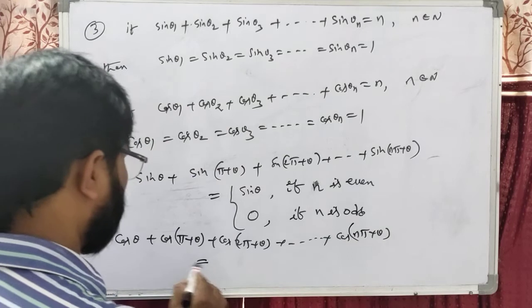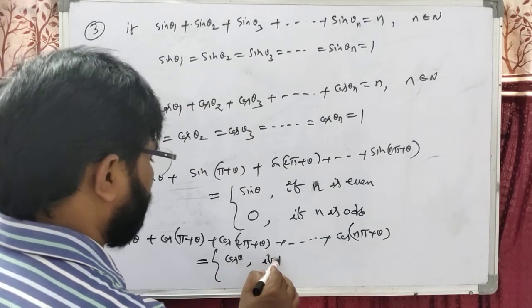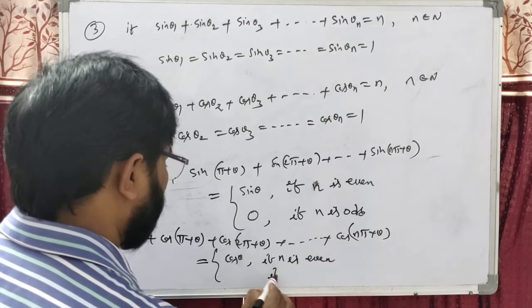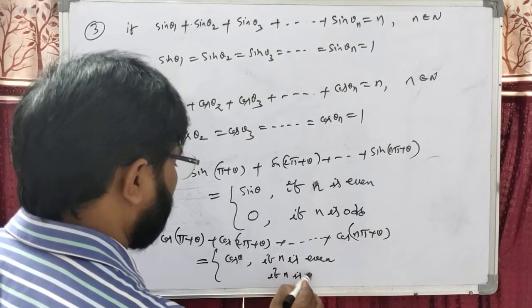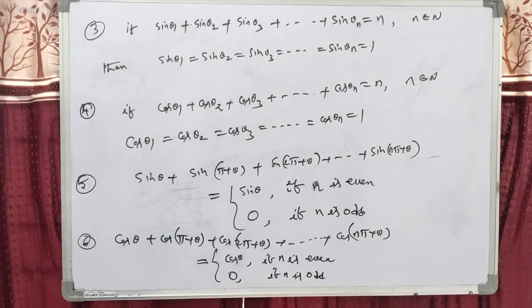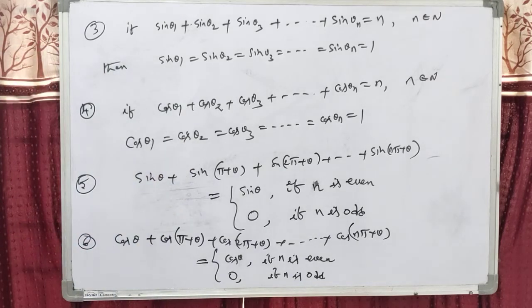Dear students, similarly, this is cos theta if n is even. If n is odd, undoubtedly it will be 0. Okay, students, if n is even, we get cos theta; if n is odd, it will be 0.